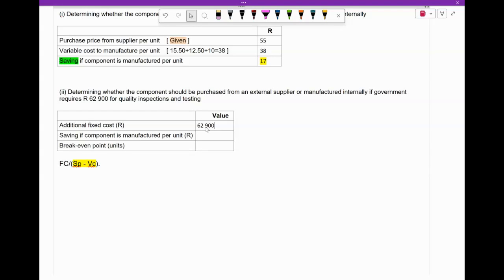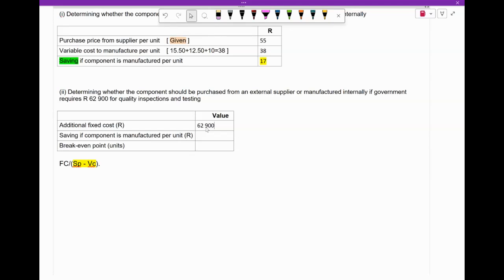But we are not selling this component in and of itself. Does it make sense? So we need to say, what is the saving that we experience as a result of manufacturing it ourselves, as opposed to buying it?